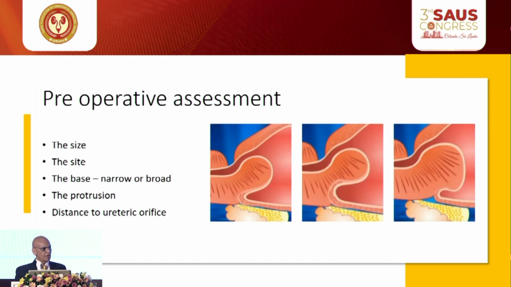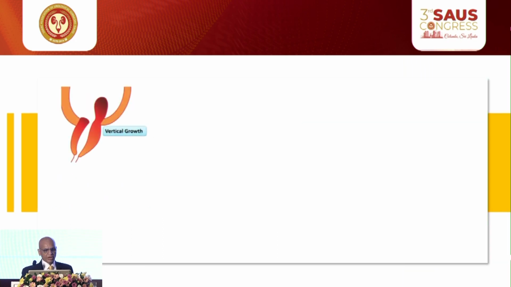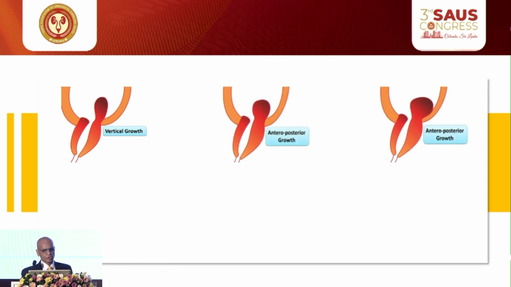So when we have decided to operate on a patient with a median lobe, we need to do some pre-operative assessment: know the size of the median lobe, the site, whether it's arising from the posterior lobe or the lateral lobes or the anterior lobe, whether the base is broad or narrow, how much is the degree of protrusion, and thus the distance from the ureteric orifice. To achieve this, we need to understand that the median lobes could grow just vertically.